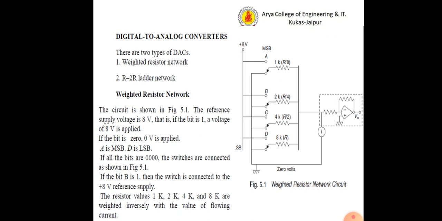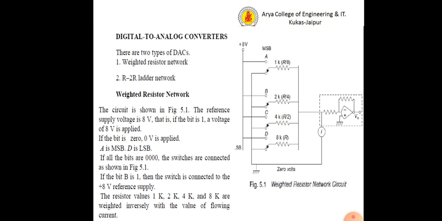If it were 1, 0, 1, 0, the output current would be 8 plus 0 plus 2 plus 0 equal to 10 milliampere. We take one more example. If it was 0, 1, 1, 0, then the output would be 0 plus 4 plus 2 plus 0 equals 6 milliampere.